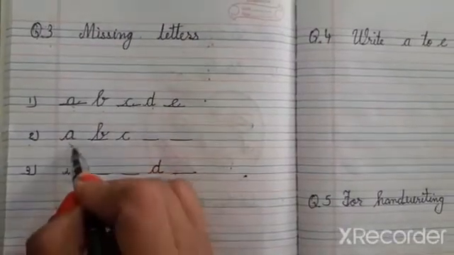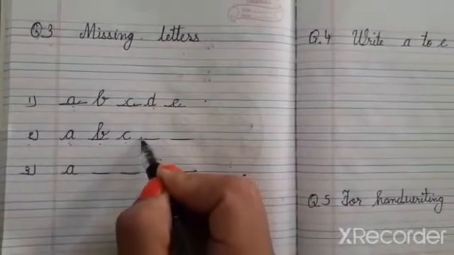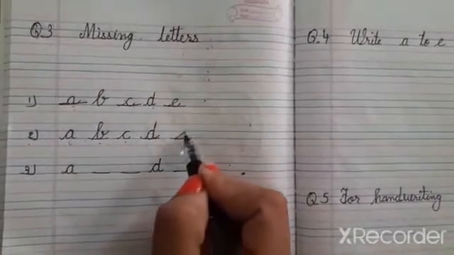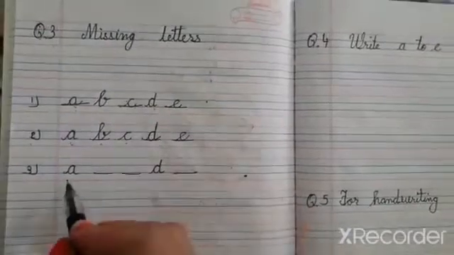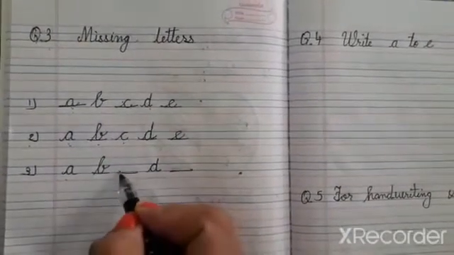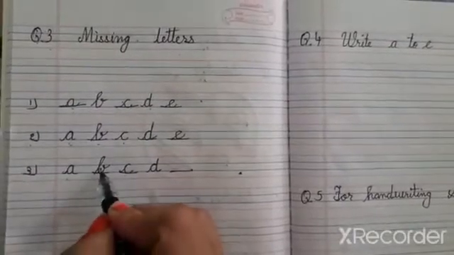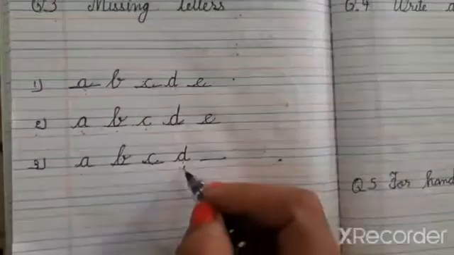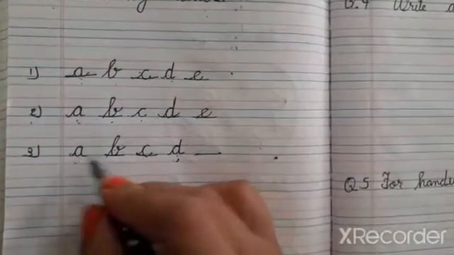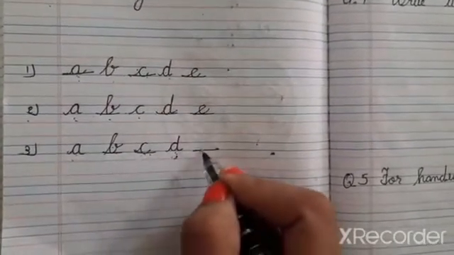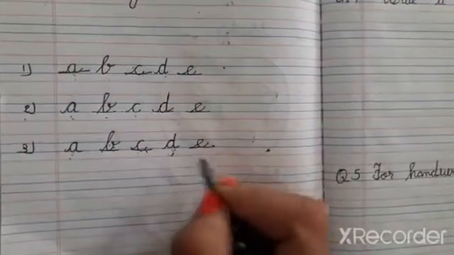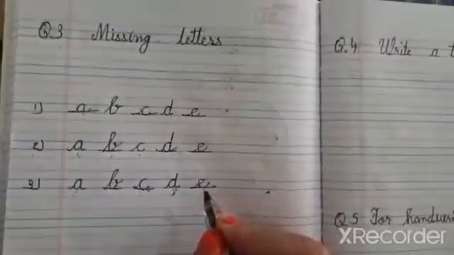B. A, B, C, then D. A, B, C, D, then E. Understood? A, then B, C, A, B, C, D is already here, so no need to write. A, B, C, D, E. Okay. Understood?